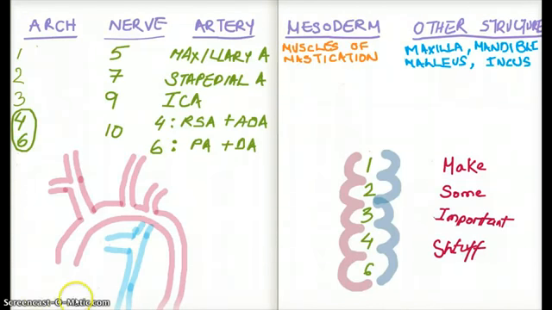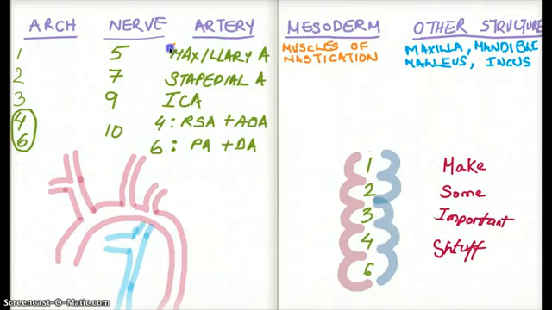Keep that in mind. So the structures that come from brachial arch 1 are muscles of mastication, maxilla, mandible, malleus, and incus. See, this is where the magic of the mnemonic really plays a big part.